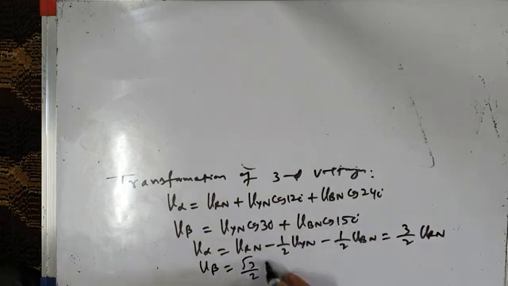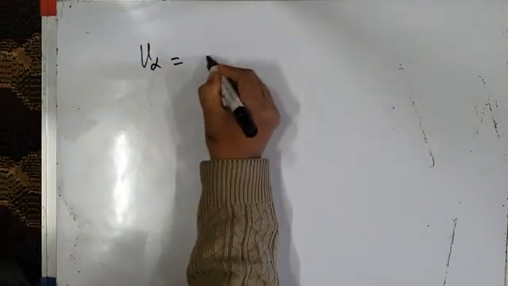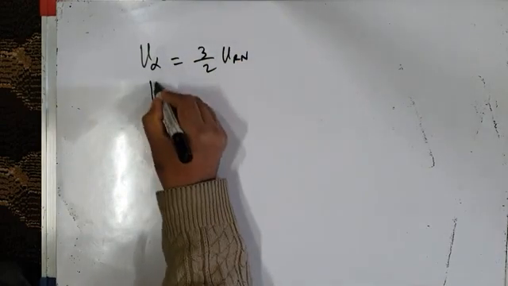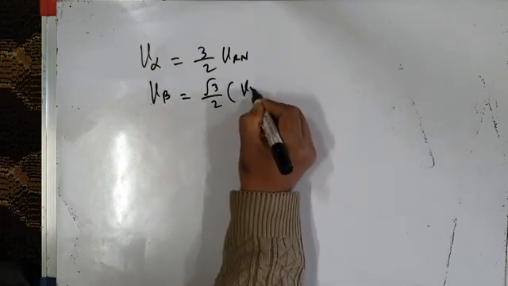If you take root 3 by 2 outside, it's Vyn minus Vbn. So in a nutshell, I have two equivalent two-phase voltages: V alpha is equal to 3 by 2 Vrn, and V beta is equal to root 3 by 2 times Vyn minus Vbn.